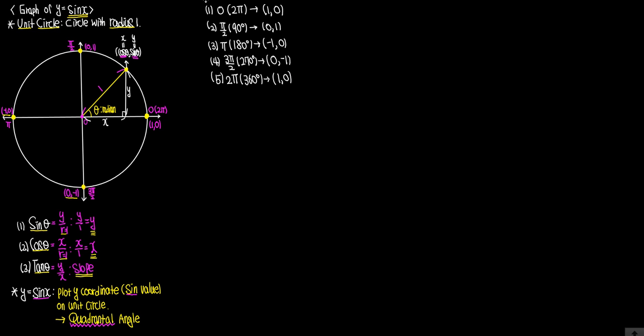So there are totally 5 quadrantal angles that we're going to use as the central angle rotation for graphing the y equals sine x graph. Firstly, when the angle rotated 0, right here, the coordinate is (1, 0). The second angle is where the angle rotated 90 degrees, pi over 2 radians, where the coordinate is (0, positive 1) right here.